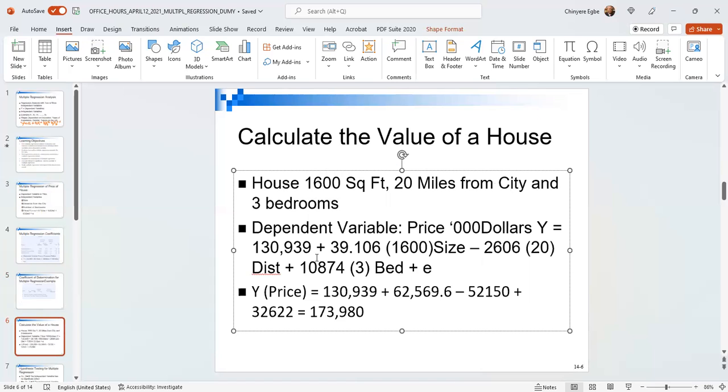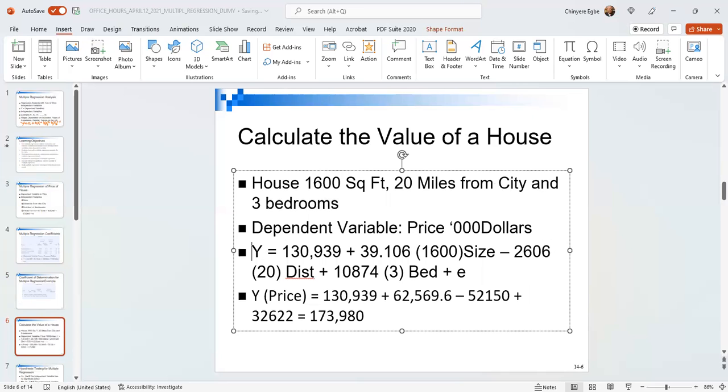The price of the house would be 130,939 plus 39.106 times 1,600 square foot minus 2,606 times the distance from the city. We said the city is 20 miles, and so 2,606 times 20 plus 10,874 times 3, given that we're looking at 3 bedrooms.